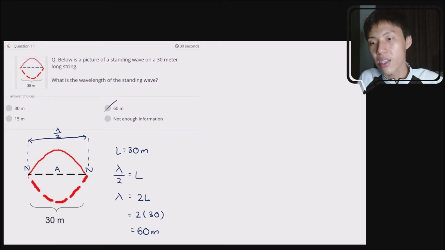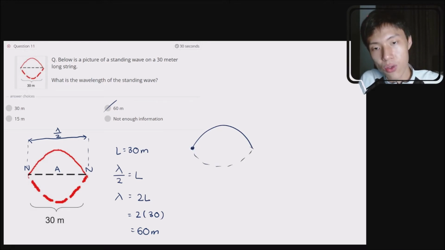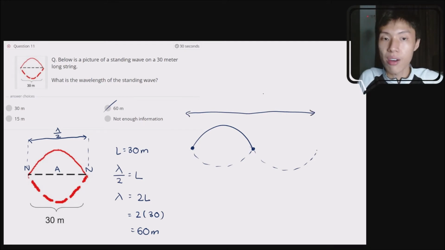Another way of doing it is, you know that this wave looks like this. It's fixed at these two points. What you can do is extend the line to see the total distance to cover a wavelength. This is not the actual string, but if you extend the line, then you can see this is one wavelength.